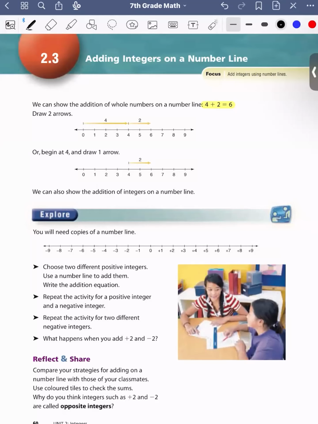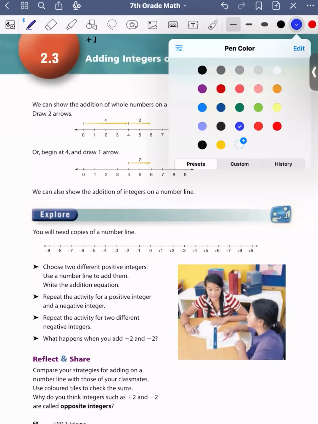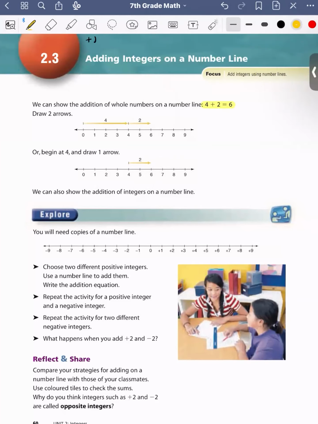Today we're going to learn how to add integers on a number line. Last session we learned how to add integers using tiles. In last session, plus numbers, which are positive integers, were represented with yellow tiles, right? And negative integers start with a negative sign. In Korean, it's called 음수.